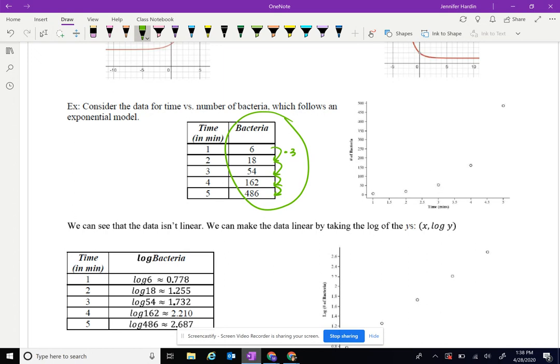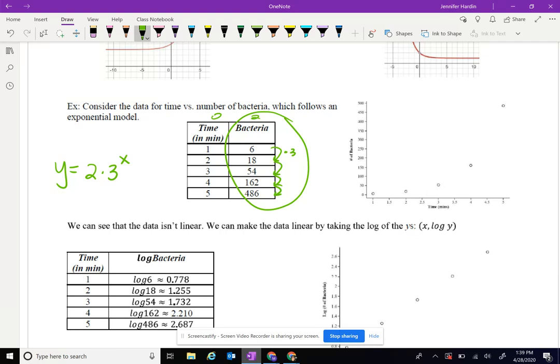Is that the pattern? And if you work backwards, if you remember Algebra 2, you can find the y-intercept, like the y-intercept is 2. If you go backwards, so this would be something like y equals 2 times 3 to the x. Now that's my exponential model for this data, but how do we get there?